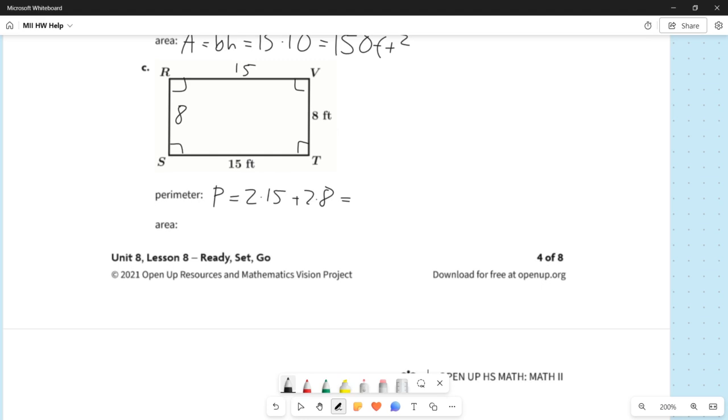We add them up. We get 46 feet. Area is base times height, or length times width. My base is 15. My height is 8. And when I multiply them, I get 120 square feet.